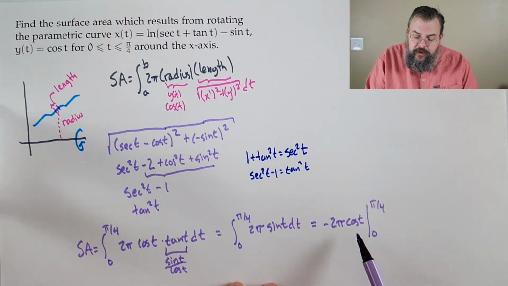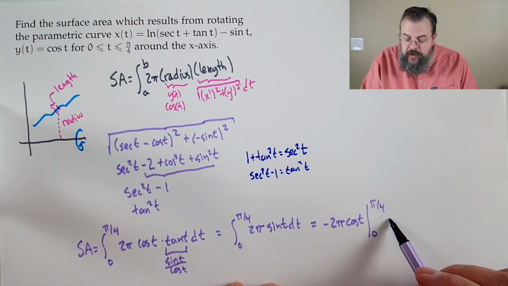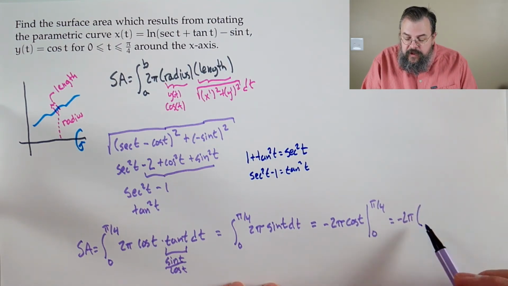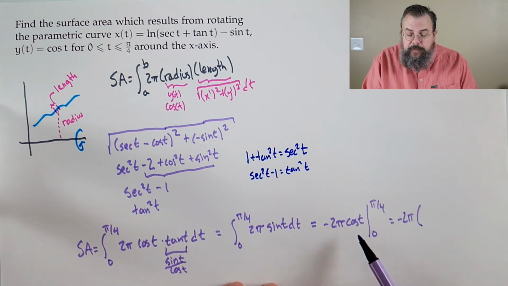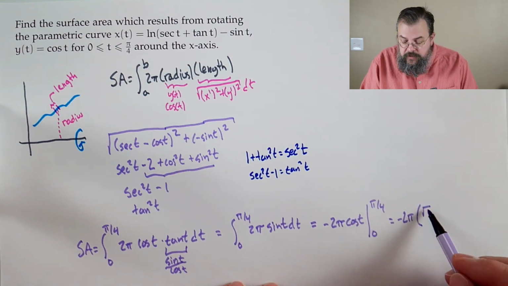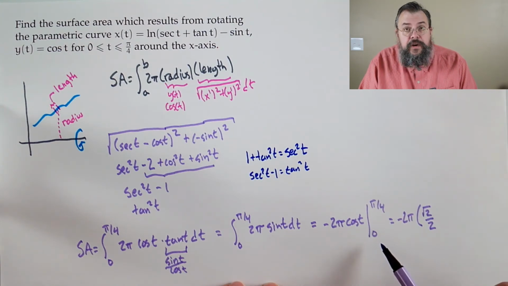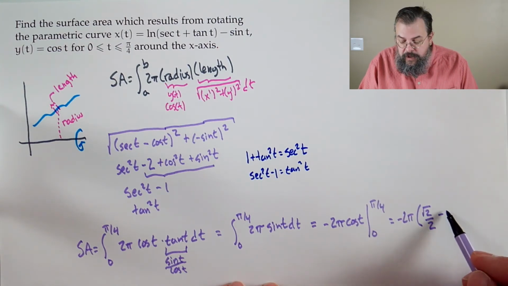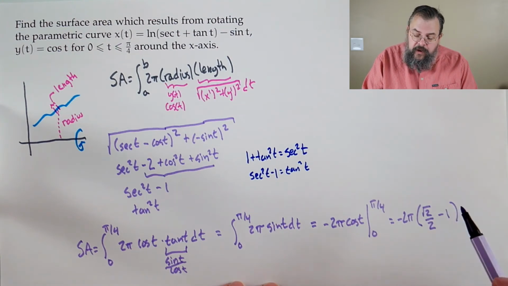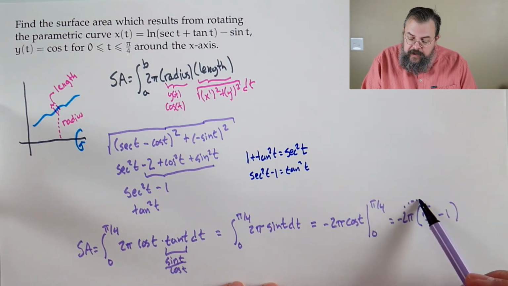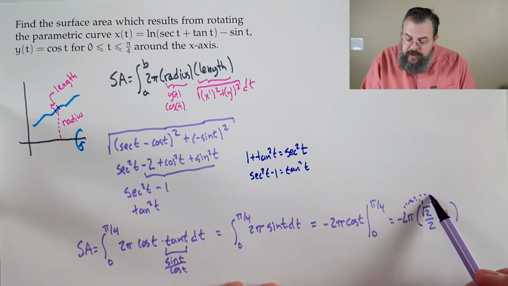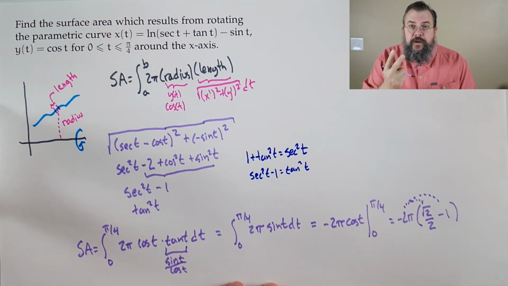Well, we plug in pi over 4, and cosine of pi over 4 is root 2 over 2. Subtract cosine of 0, which is 1. Finally, we can multiply the minus 2 through, and since we're multiplying the minus 2, we might as well change the order.